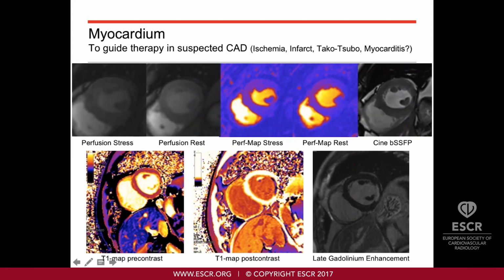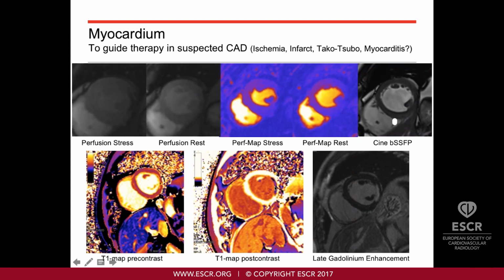So again, here we have the scale, the darker the color, the shorter the T1 time. And here we have substantial shortening of T1 in this area, indicating enlarged distribution volume for the contrast material. And here on the late gadolinium enhancement image, we see late enhancement in this area.